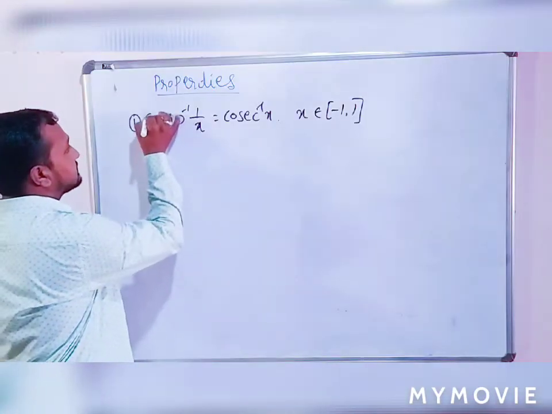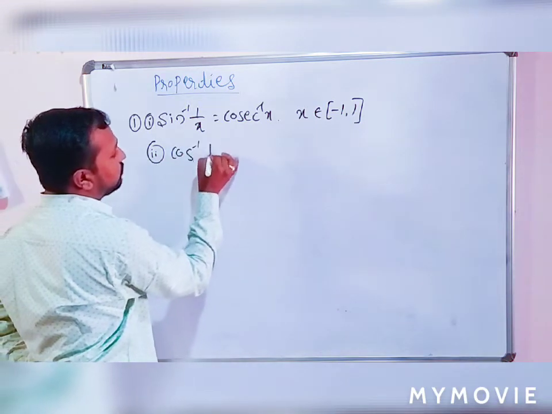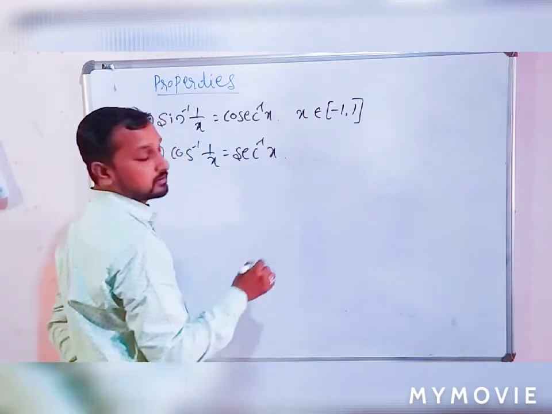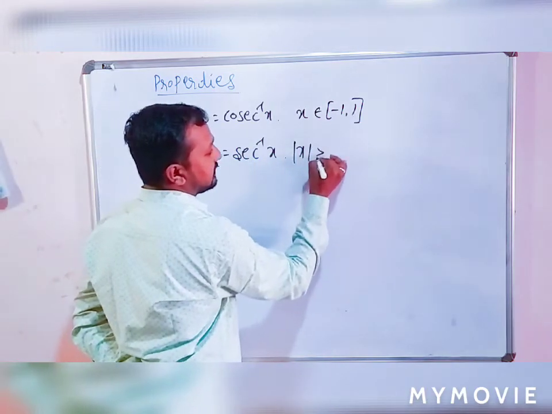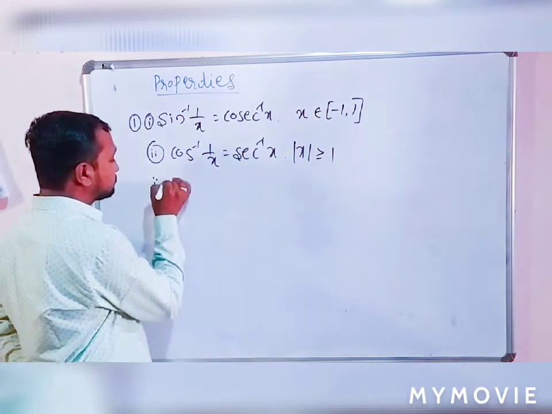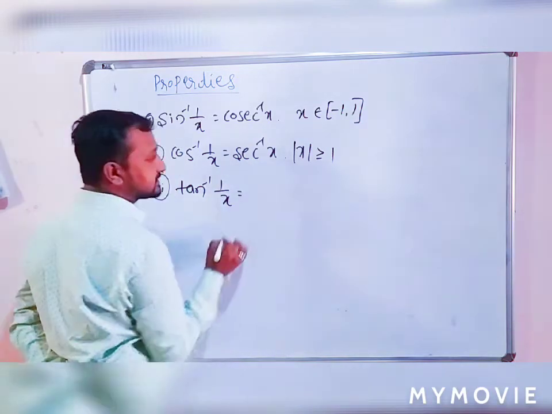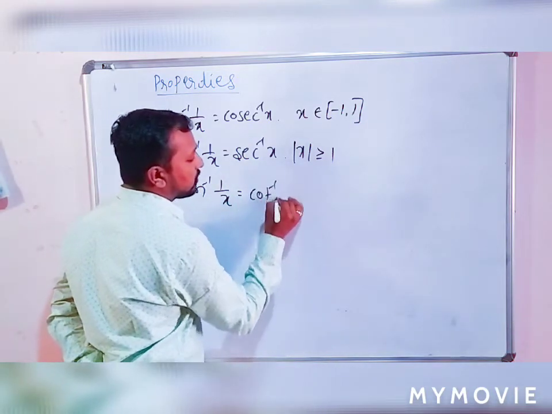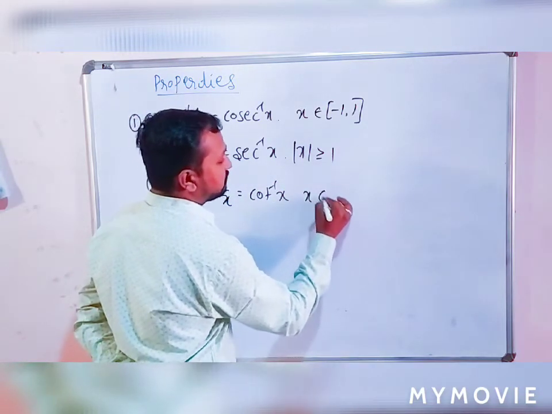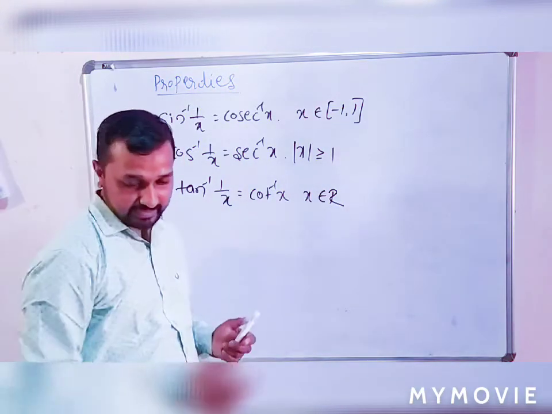The second one: cos inverse of 1 by x is equal to sec inverse of x, for all x with mod x greater than or equal to 1. Is that clear? And the third one: tan inverse of 1 by x is equal to cot inverse of x, for all x belonging to real numbers.